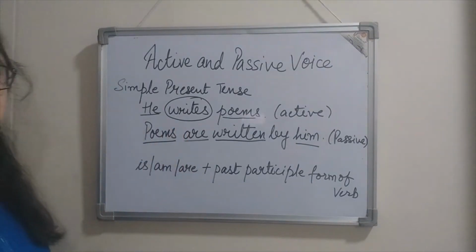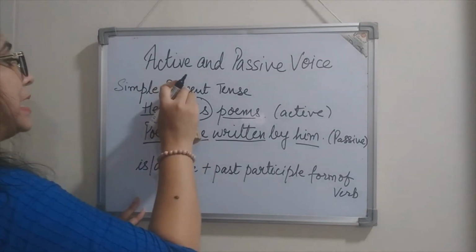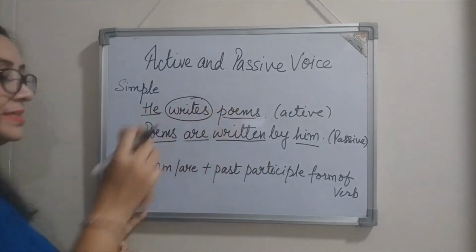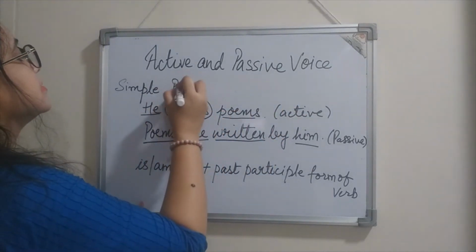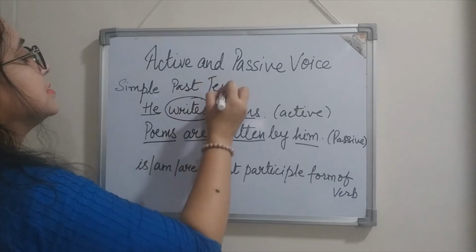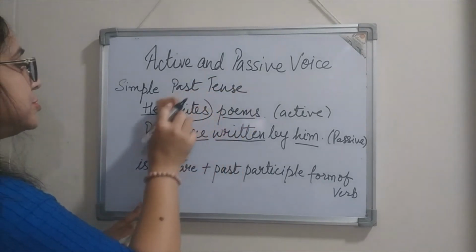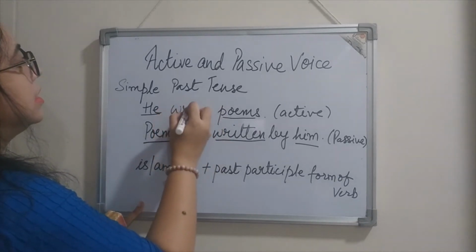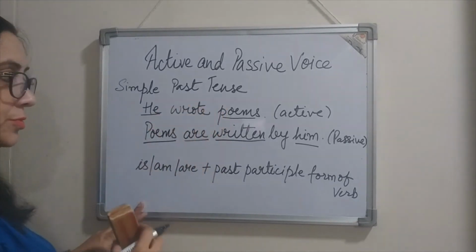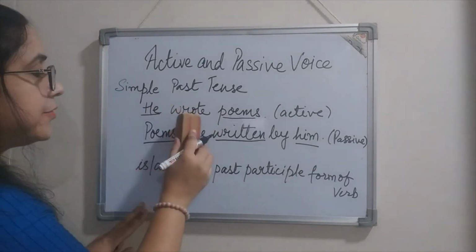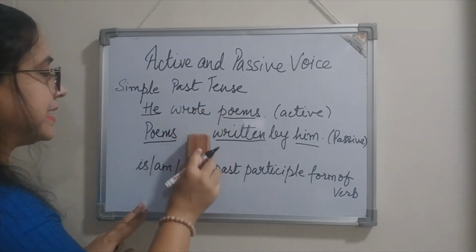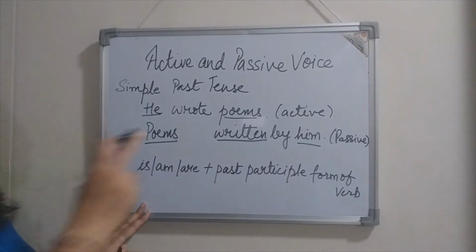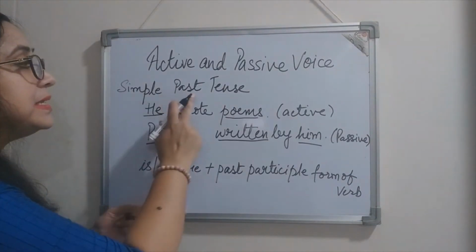Now let us see what we do in simple past tense. If the verb is in simple past tense, the sentence would become: he wrote poems. Here the verb of this sentence is in simple past.